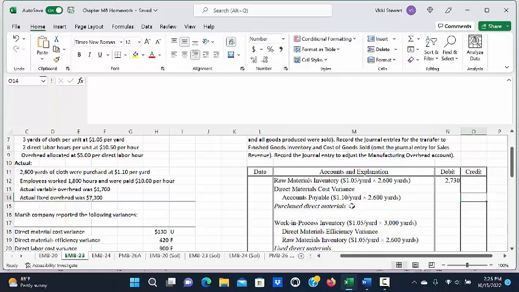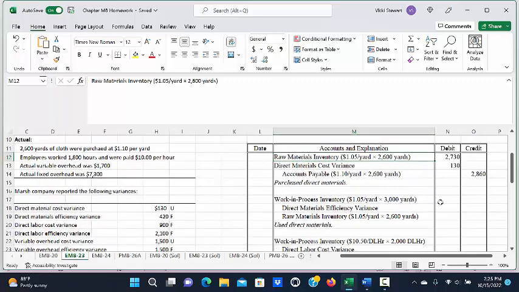We actually paid $1.10 per yard for the 2,600 yards of material, so we would credit accounts payable for $2,860. So we had a direct materials cost variance that was unfavorable of $130, which was equal to 5 cents per yard times the 2,600 yards of material that we bought.